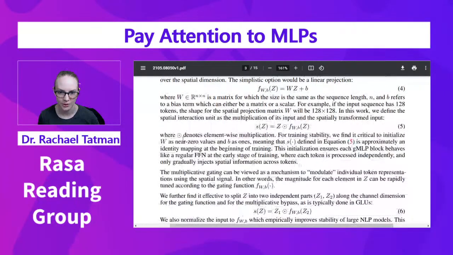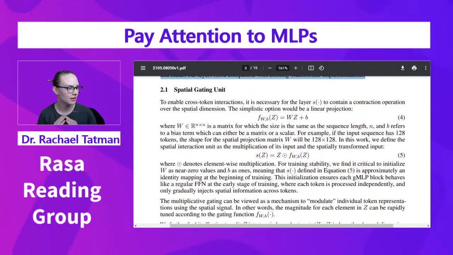All right. Spatial gating units. So this is the central thing that they're proposing. To enable cross-token interactions, it's necessary for the layer S to contain a contraction operation over the spatial dimension.